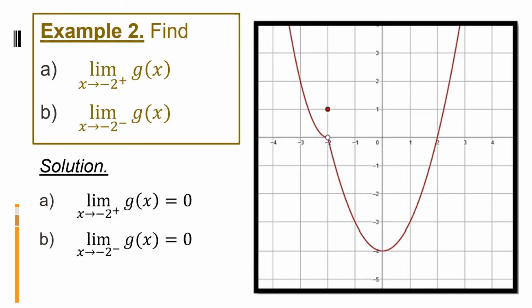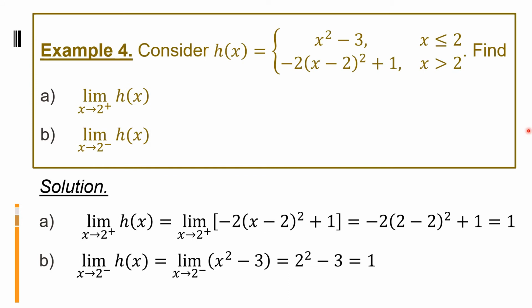Now, balikan natin yung ating example number 2. Observe that the limit as x approaches 2 from the left and from the right are both equal to 0. And also in our example number 4, the limit as x approaches 2 from the left and from the right are both equal to 1.